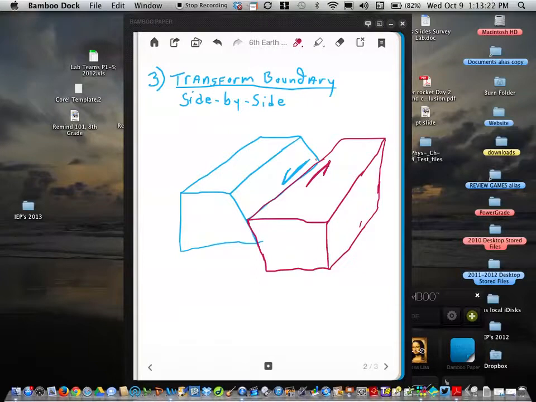And it could be a situation where one plate drops below another plate. This is the case for the San Andreas Fault.